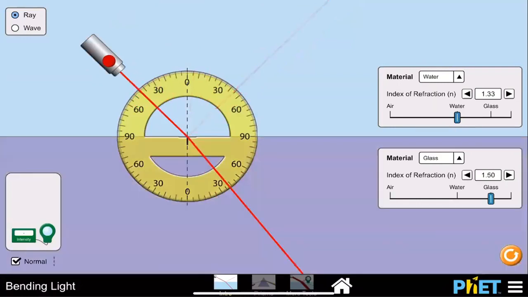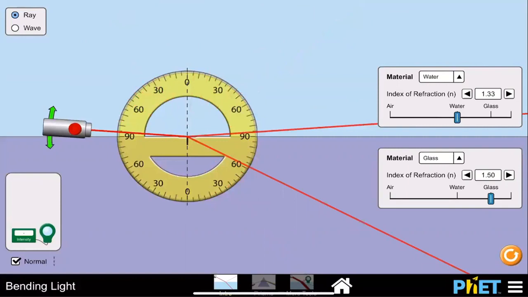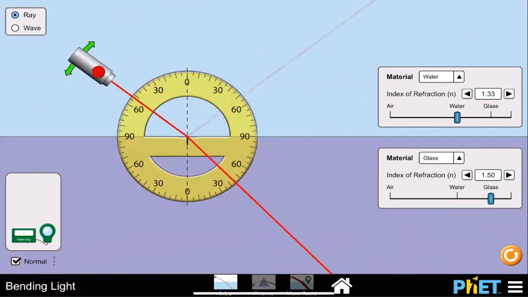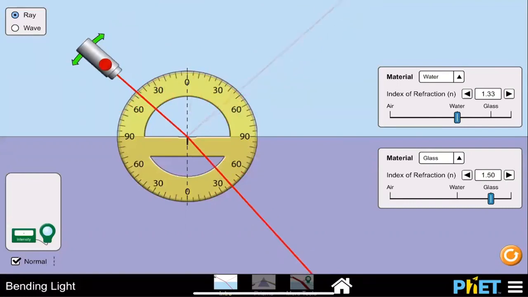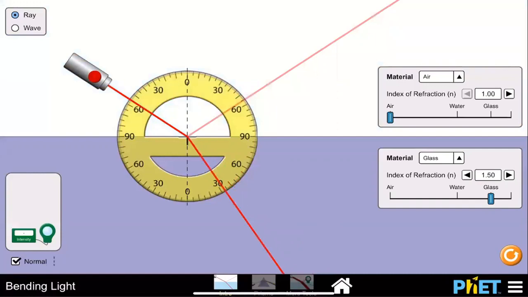So we will change the medium on the lower part into glass. You are able to notice what happened to the refracted ray of light relative to the normal line. We'll change again from water to air.